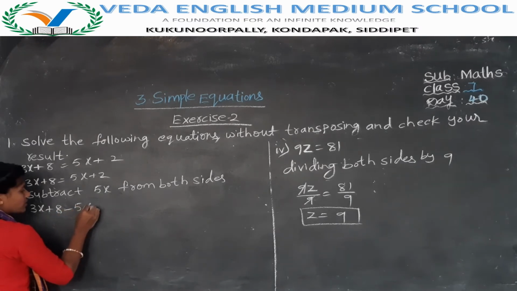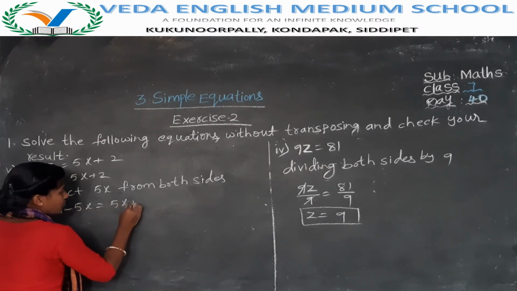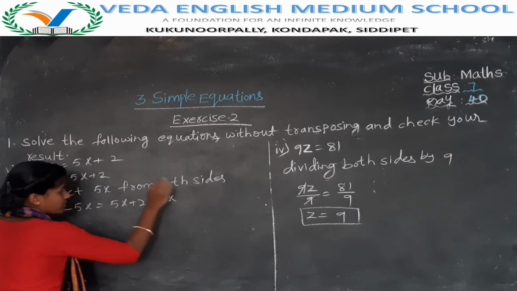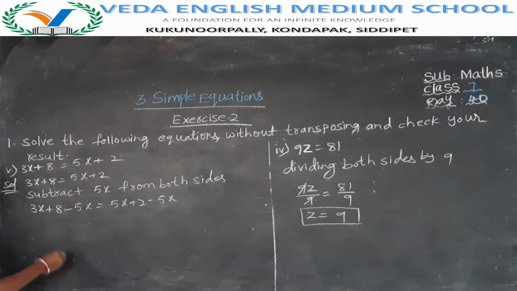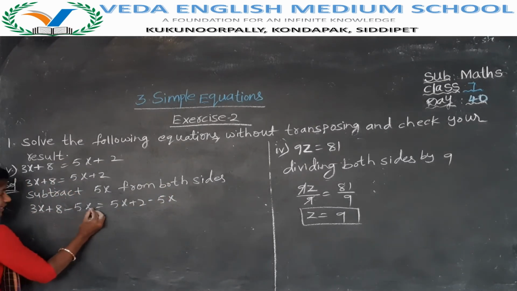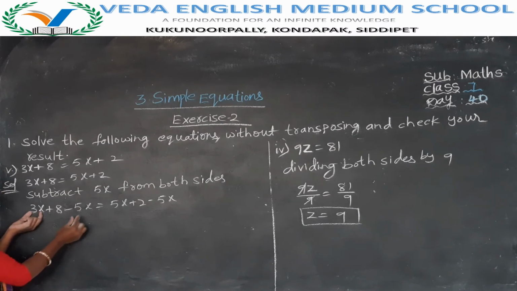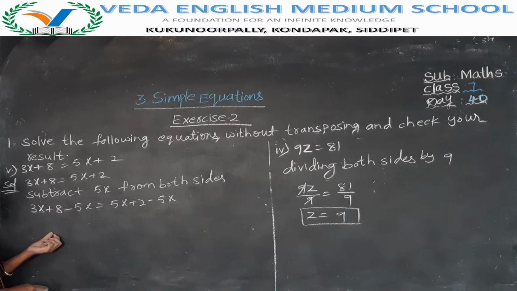So minus 5x is equal to 5x plus 2 minus 5x. Now see, here 5x and 3x only. You have to subtract 3x from 5x. Should not subtract 3x from 8. Because only the same terms you have to subtract here.